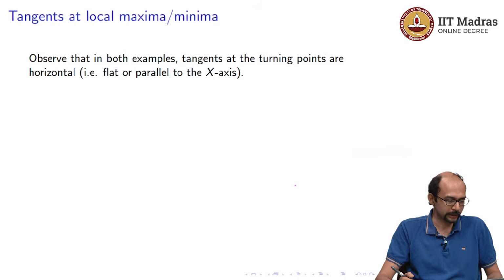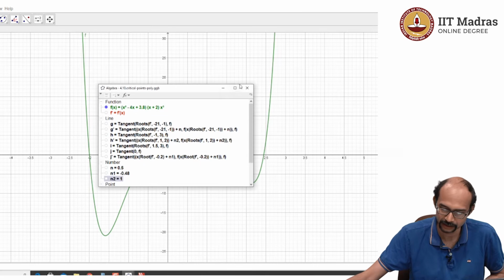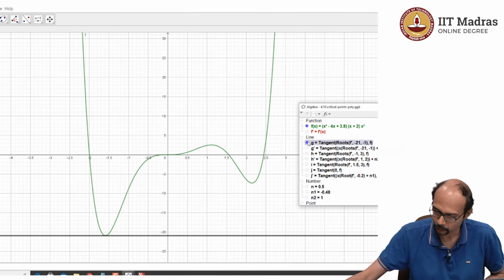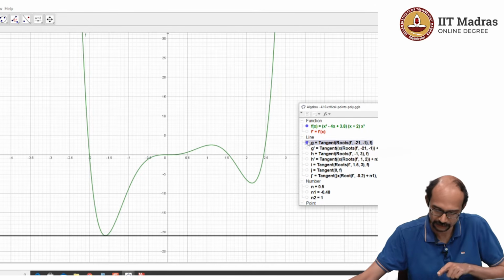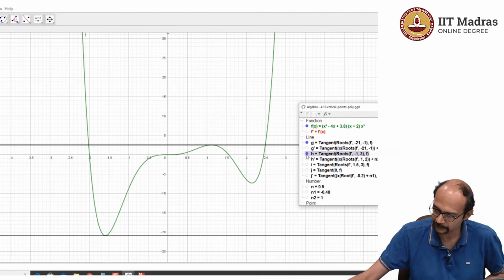So, let us look at the first example. Let us look at what are the tangents at these various points. Let us look at this tangent. You can see it's parallel to the x axis, or it's horizontal.